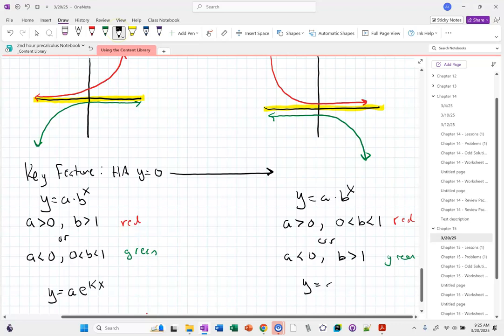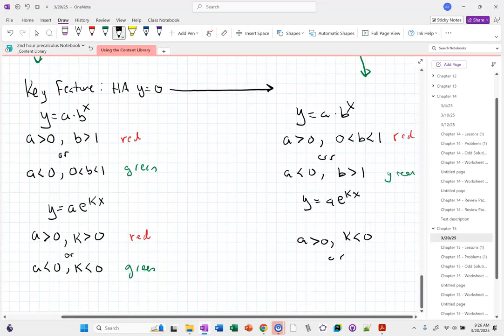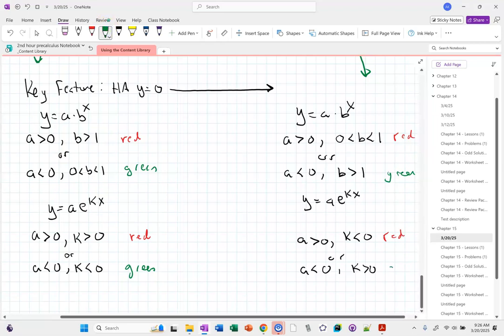And if we're written with an e, that's if a is positive and k is negative, or if a is negative and k is positive. Again, that's like the red graph, and that's like the green graph.